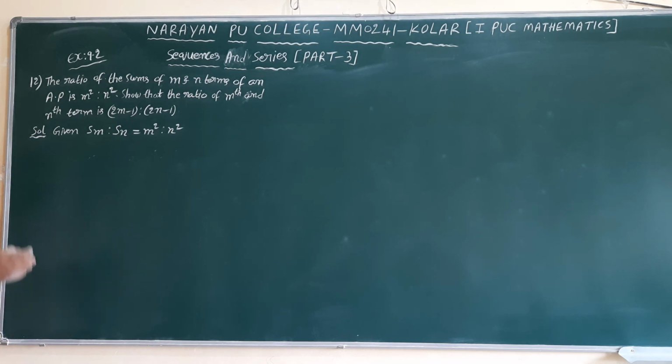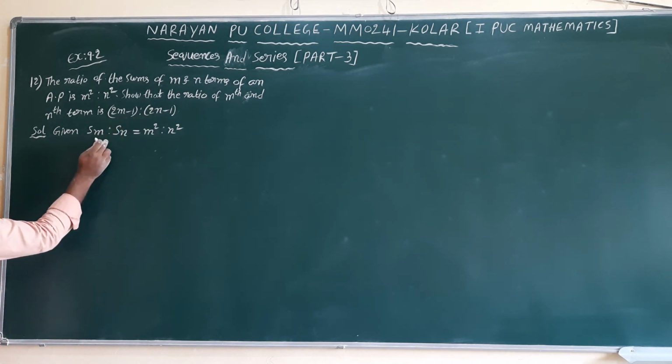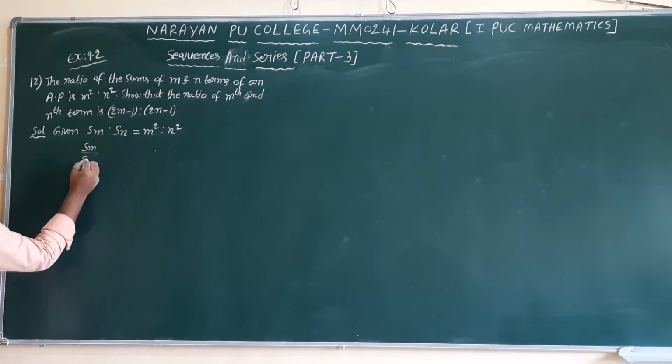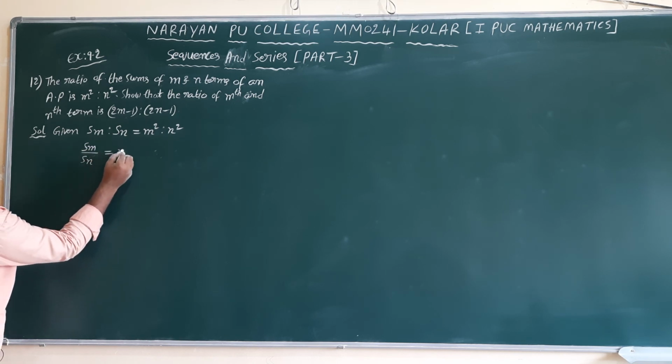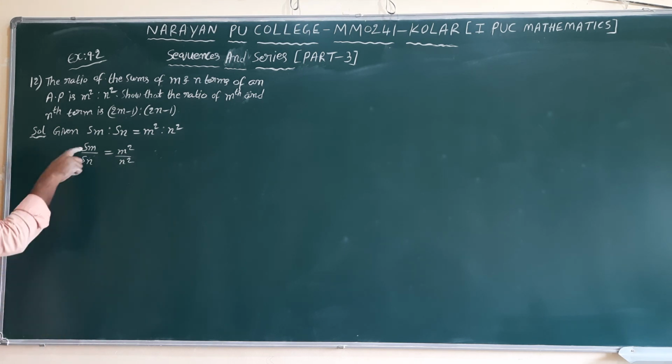Now he is asking the ratio of mth and nth terms, Tm is to Tn, we need to prove. So Sm divided by Sn is equal to m square by n square. These are two different arithmetic progressions. For this one the first term is A1, common difference is D1. For the other the first term is A2, common difference is D2.